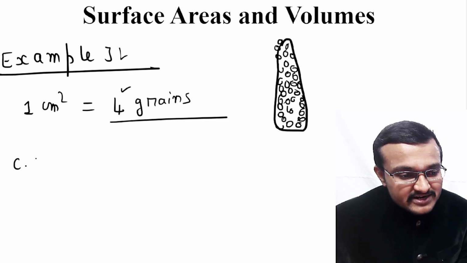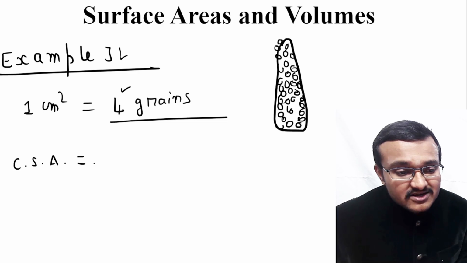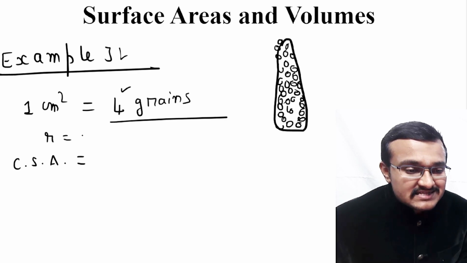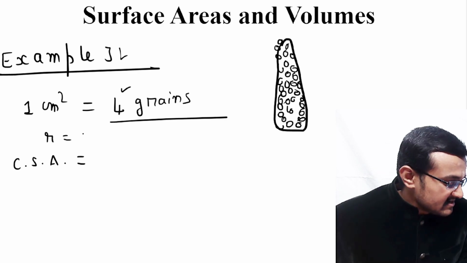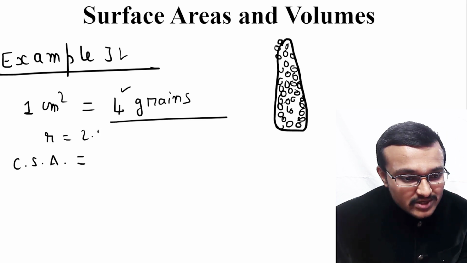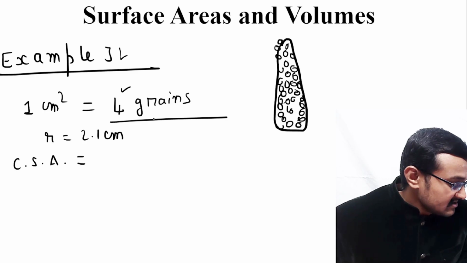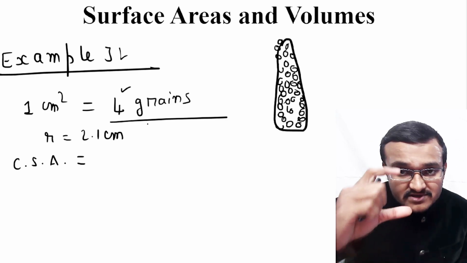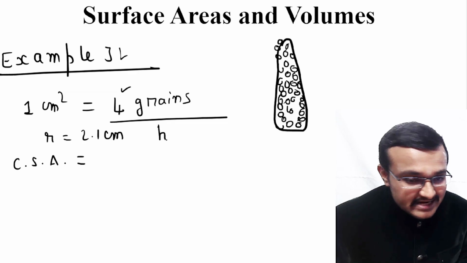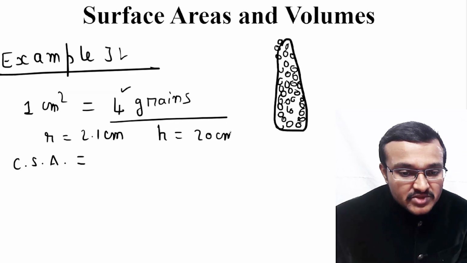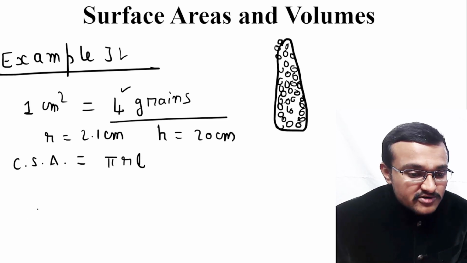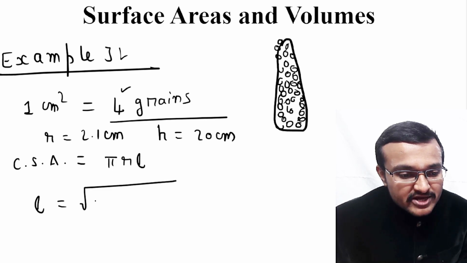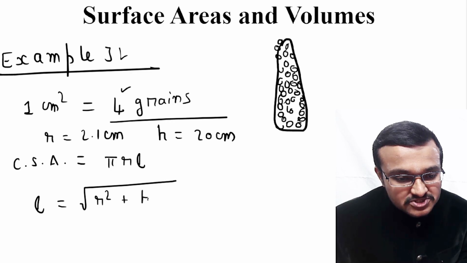So in order to find that, we have to calculate curved surface area. Here radius approximately they have given as 2.1 centimeter, and they have given the height of the cone, that is equal to 20 centimeter. Now to find CSA, you want L. In order to find L, you can take square root of r square plus h square.